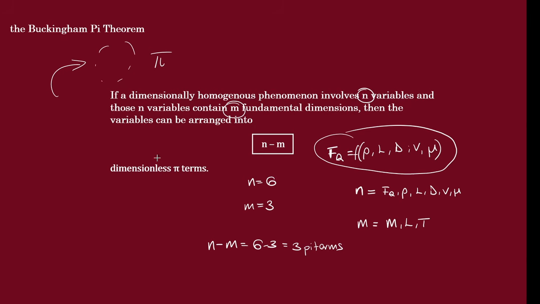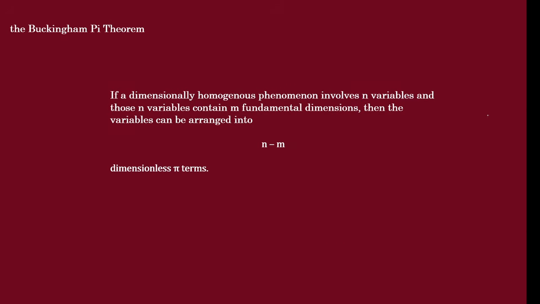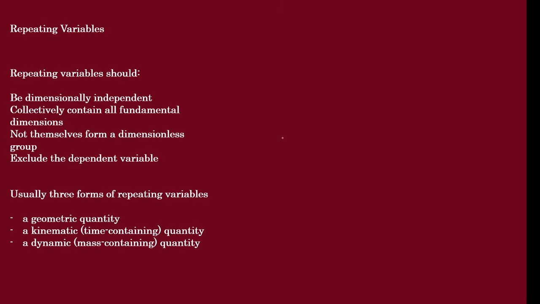Then the dimensionless pi terms. This is now going to form the expression that's going to show you the relationship between your dependent quantity and the independent variables. Okay, so let's now look. We've been able to cover dimensionless quantities. We've been able to cover pi terms. We've defined Buckingham Pi's theorem.